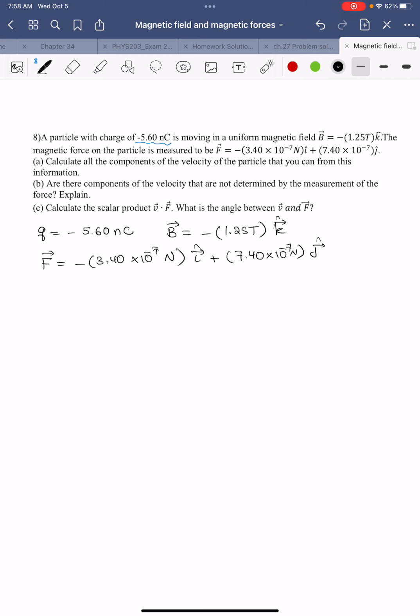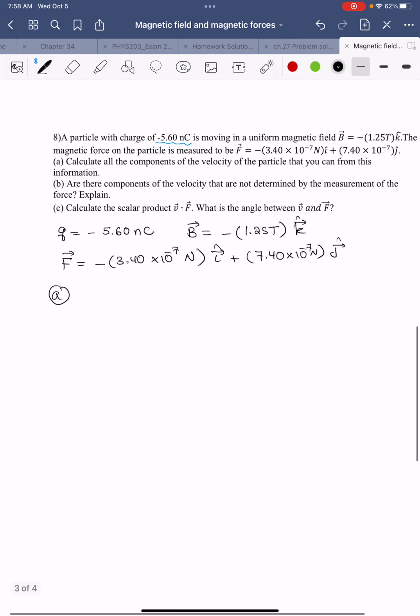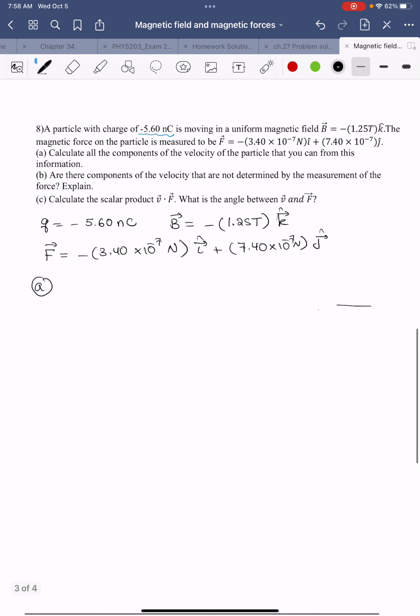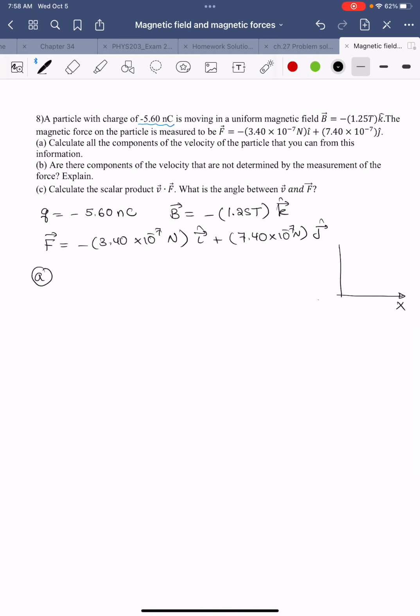For the first part, a drawing is going to be very helpful. This is X, this is Y, and this is Z. Now, when the magnetic field is along the positive Z, it is out of the page.